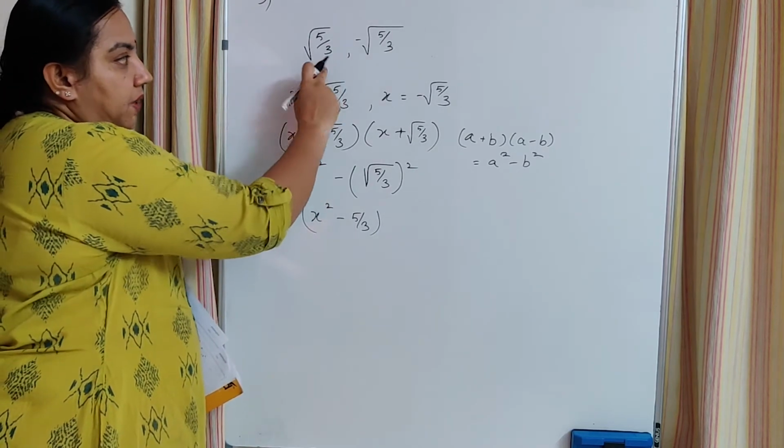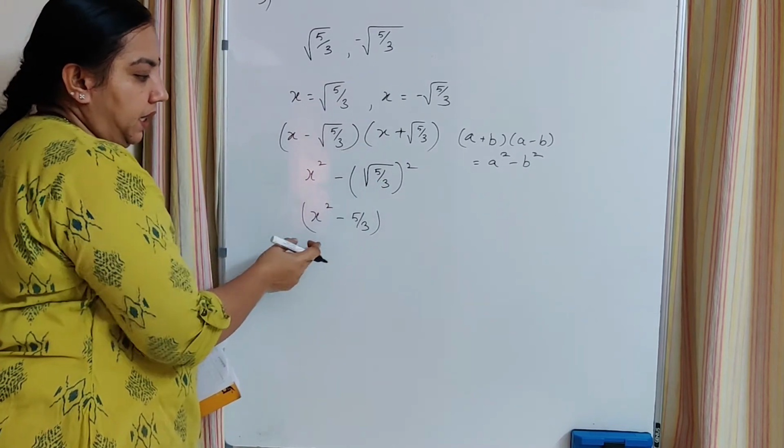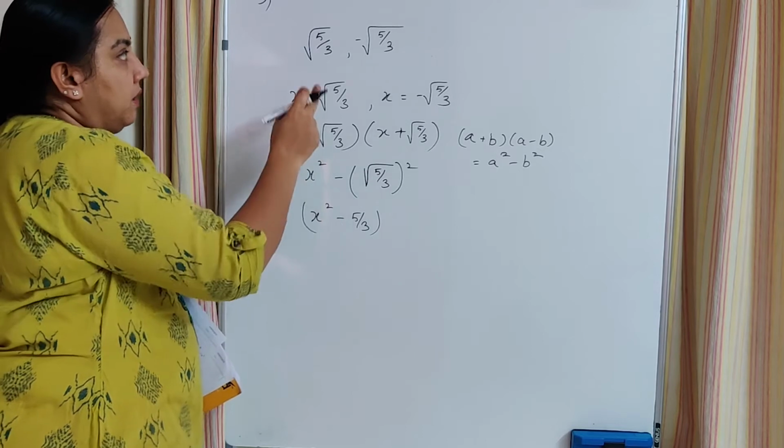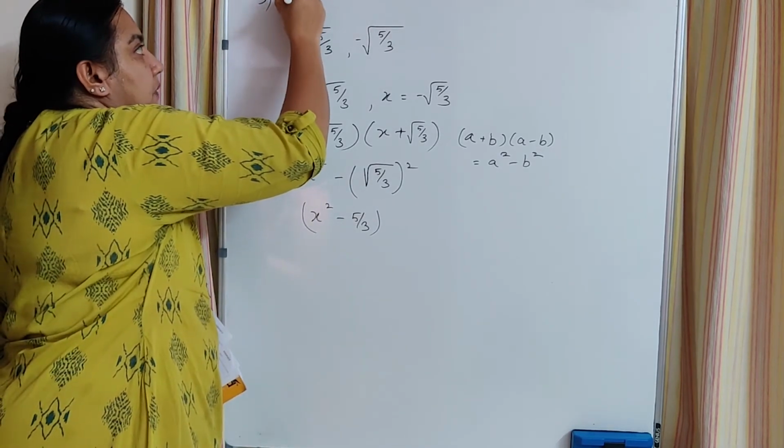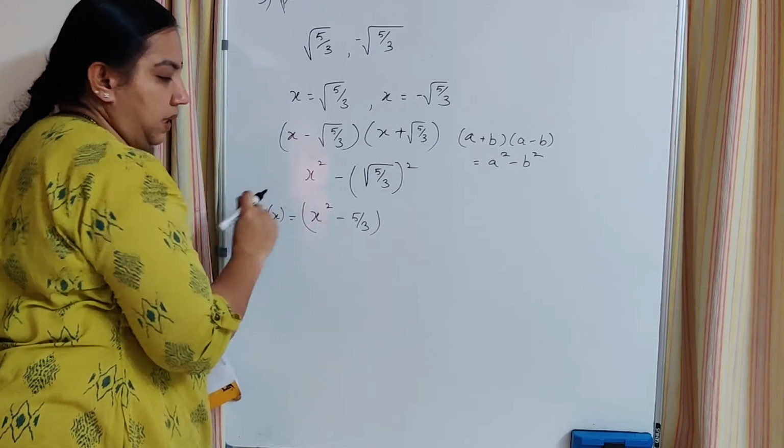I have converted the zeros into factors here, and I multiplied it and I got this number. I am going to divide this p of x with this g of x, the same polynomial division.